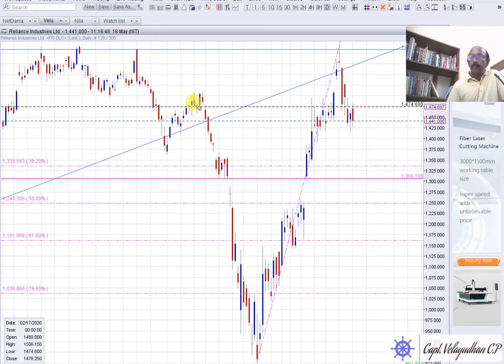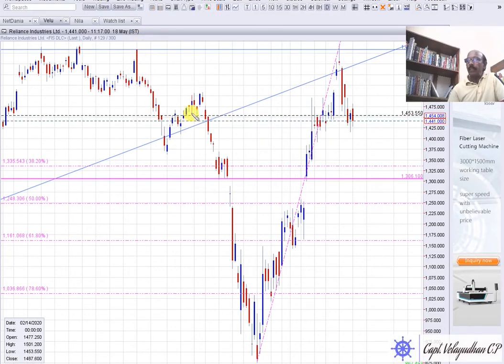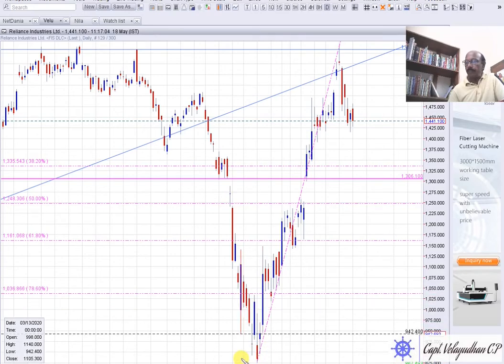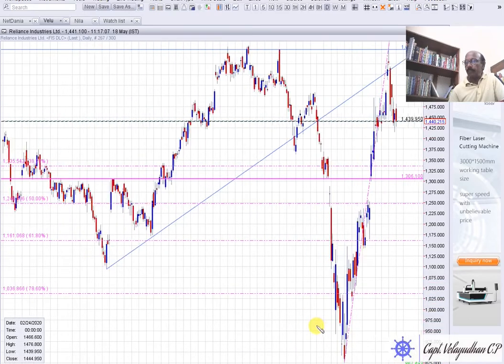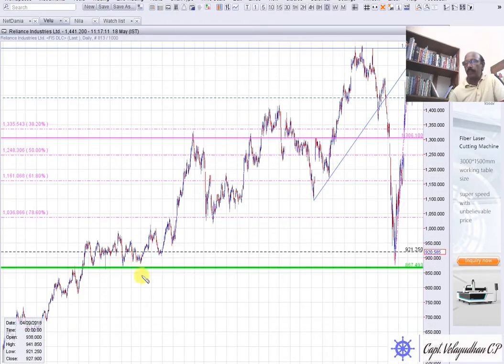This was the Reliance chart we showed. This engulfing pattern was a resistance area, and from there the market moved down. It took support here. You see the previous support levels.